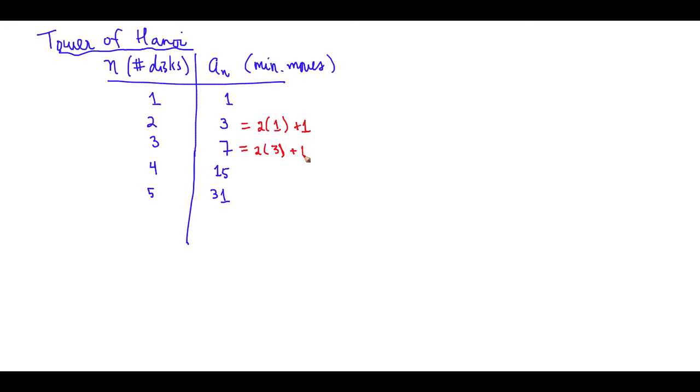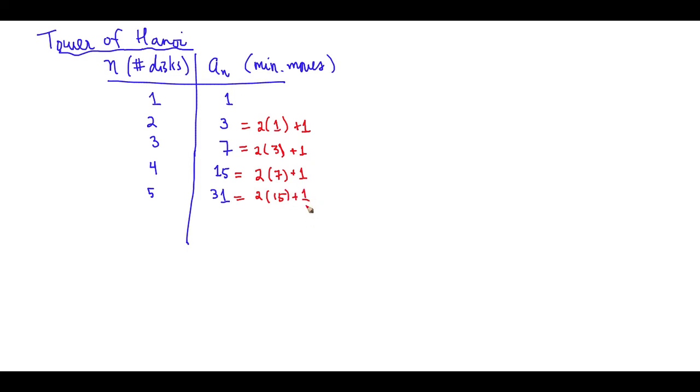And once again, what I'm doing here is recapping what you already know from the previous videos. 15 is really 2 times the previous number of moves, 2 times 7, plus 1. And of course 31 is 2 times 15 plus 1.